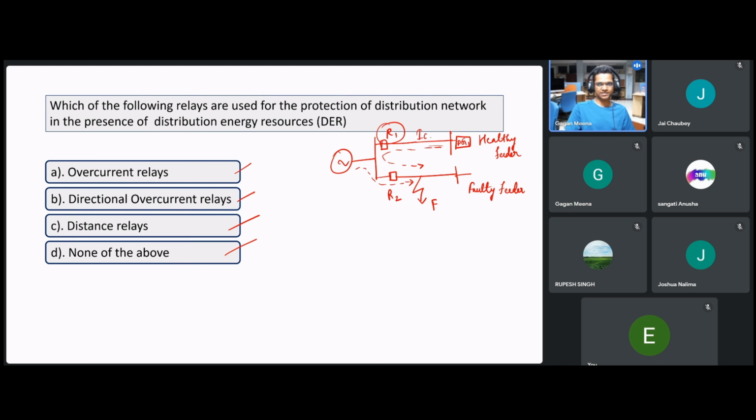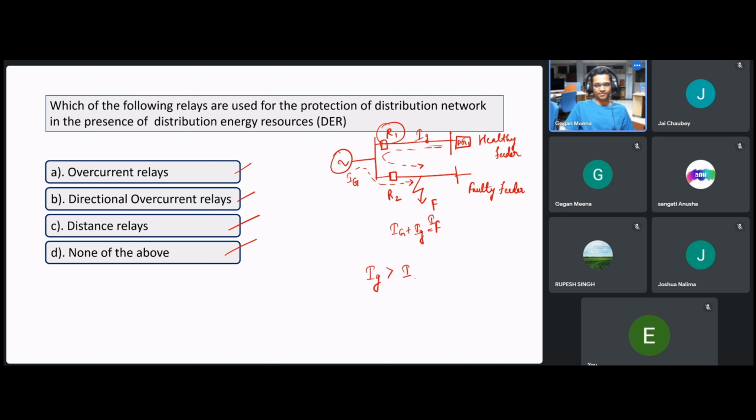This generator is also feeding here. Suppose this current is IG1, this is IG2, small g and capital G. So this relay R1 is seeing the IG current, and relay R2 is seeing IG plus IG, which is also the fault current IF.